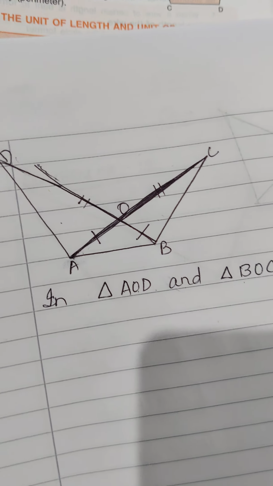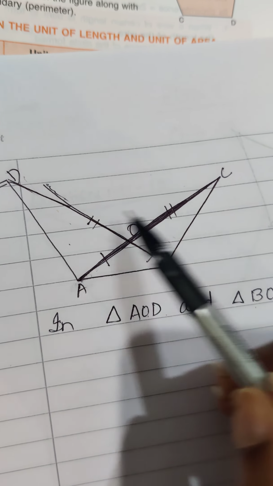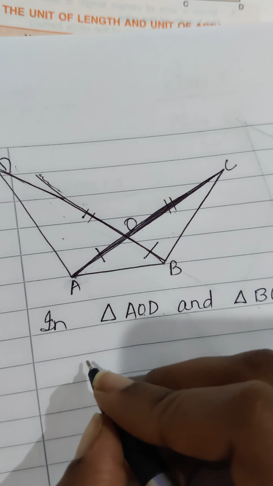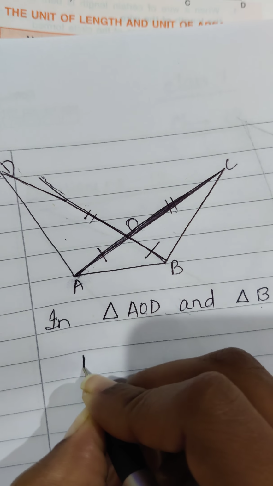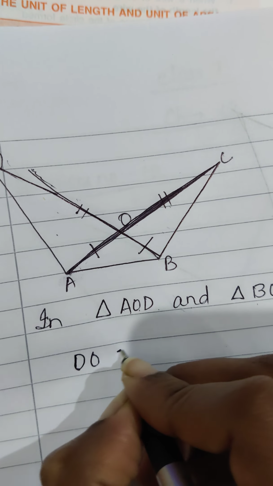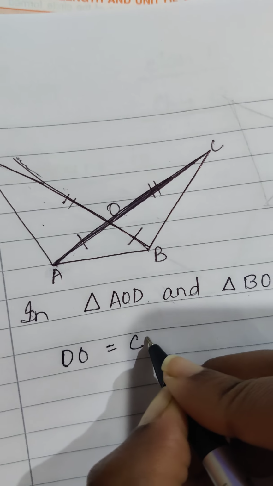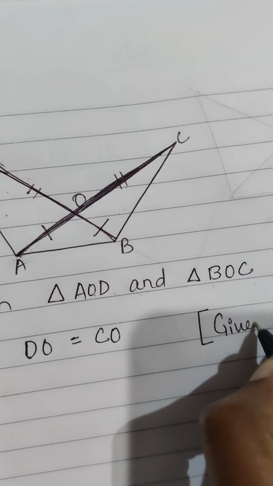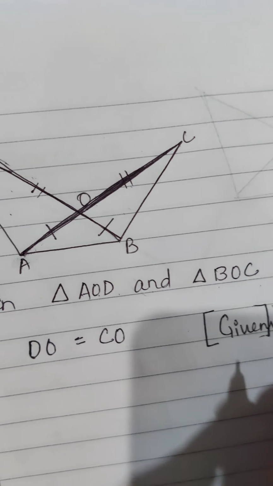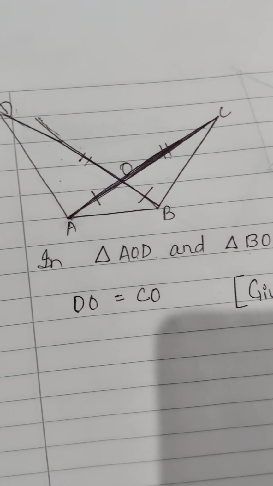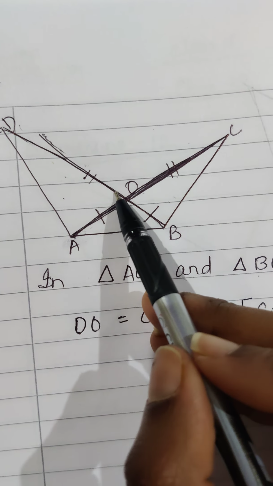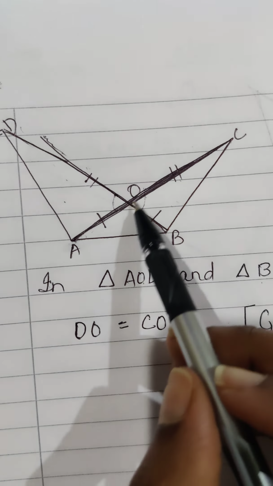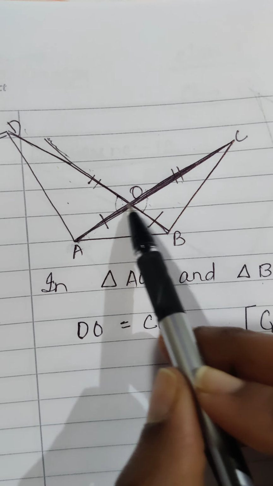Now first of all we can see here these two lines are equal to each other. So we will write DO is equal to CO. The reason will be given. Okay. The next thing, if you see this angle, angle O, and this side, angle O, that is vertically opposite angles.